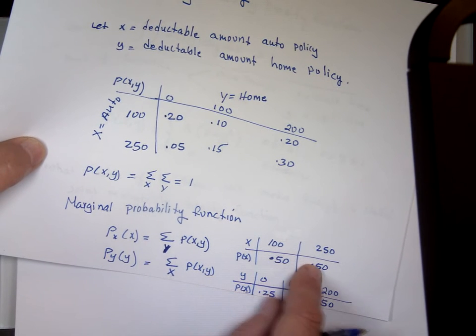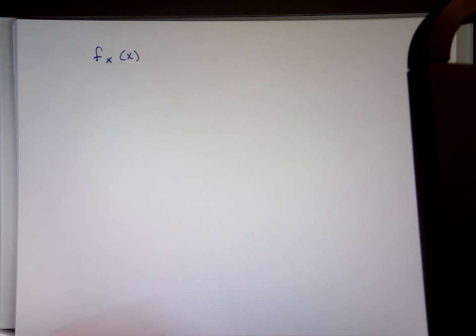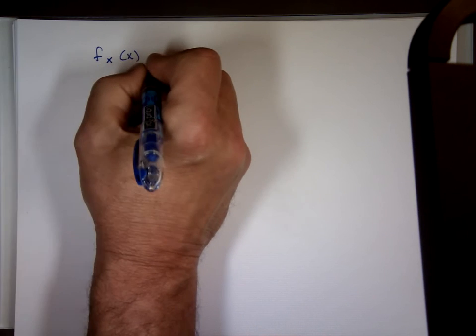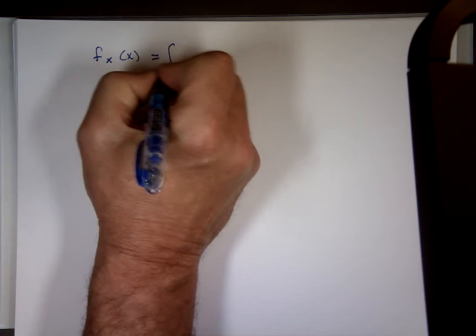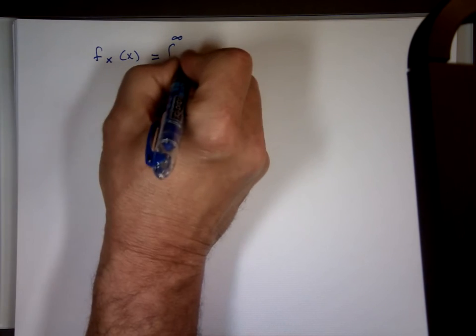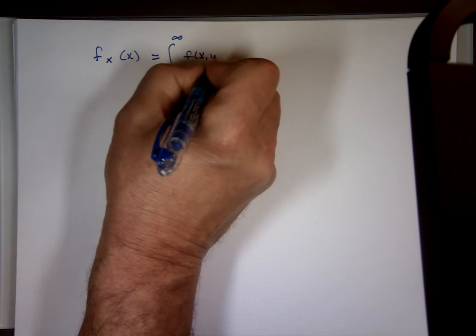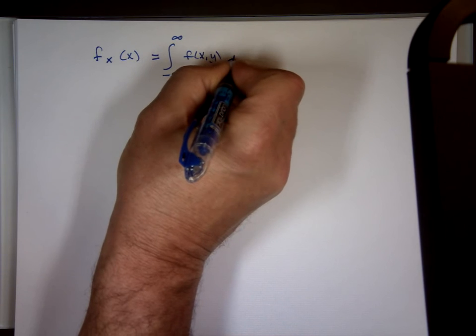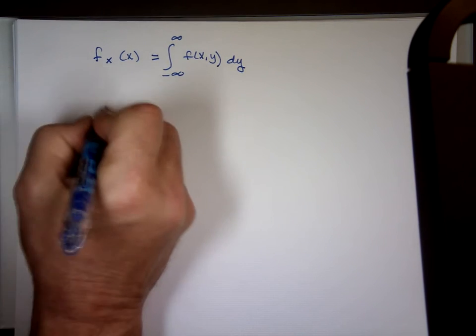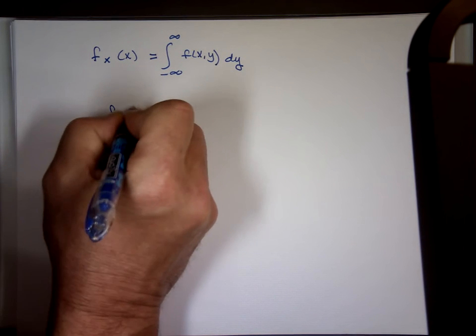We know x goes from 0 to 1 hour. So to find that, that will be the integral, usually over y, negative infinity to infinity. We'll put the right limits when we get to it. F of x comma y dy. And to find f of y, we integrate over x.